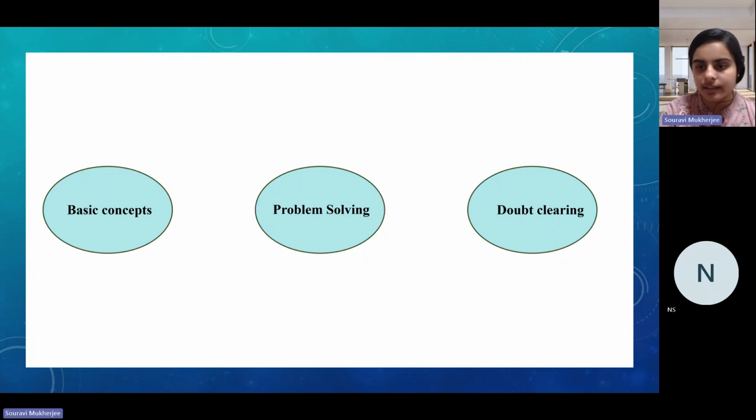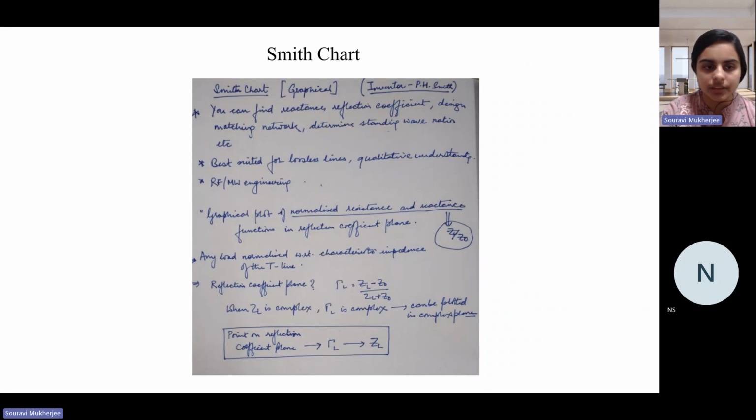So what basically the Smith chart is, is a graphical plot. Okay, it's a graphical plot of normalized reactance and resistances in the reflection coefficient plane. So there are two main important things here. One is the normalized resistance or reactance, and then the reflection coefficient plane. So what do we mean by that?